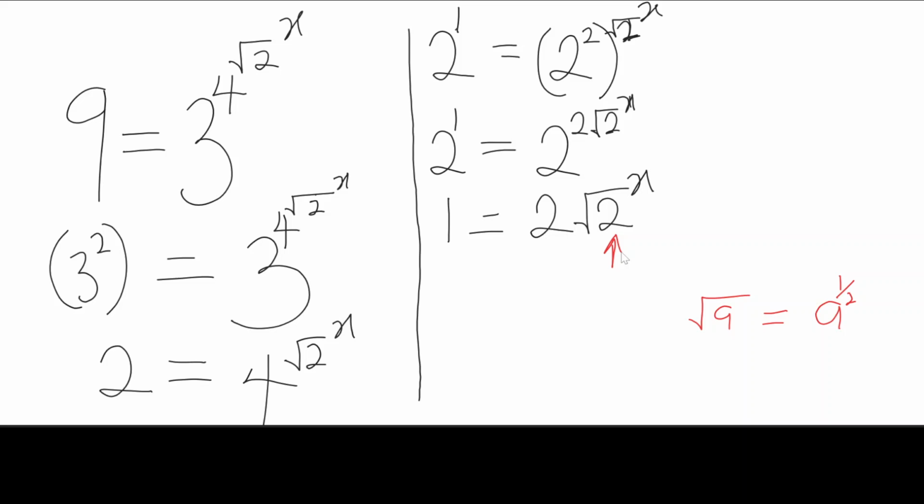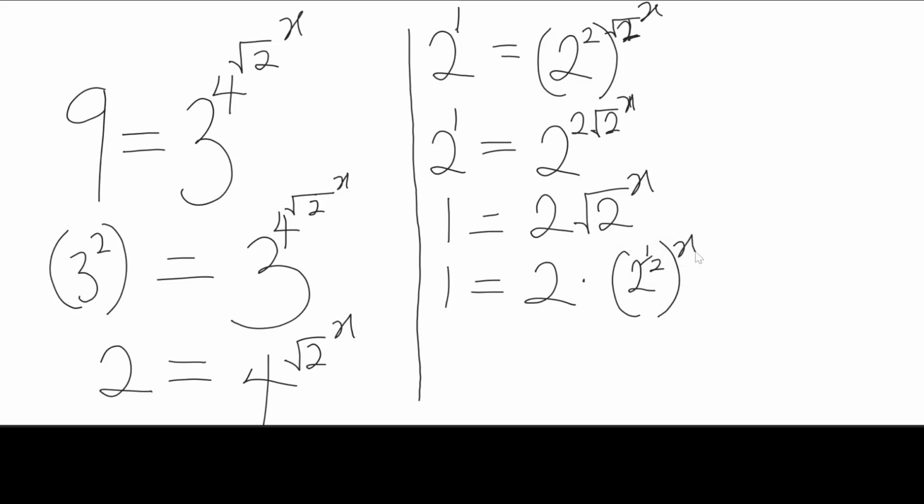So we're going to be having 1 equals 2 multiplying, instead of writing root 2, I'm going to be writing 2 to the power of 1 over 2, then to the power of x.